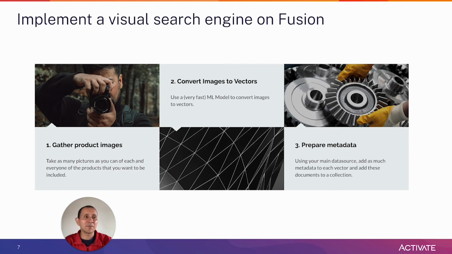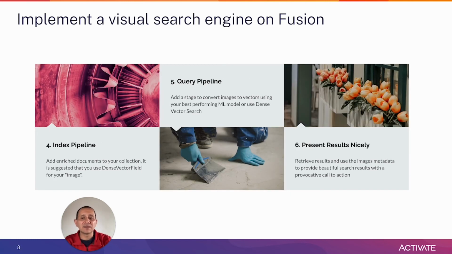And then you want to prepare the metadata, because as I mentioned before, you also want to take the metadata and incorporate it as part of your documents. We call that enriched documents. So once you have the images, the vectors, and the metadata, you can start to work on your index pipeline.